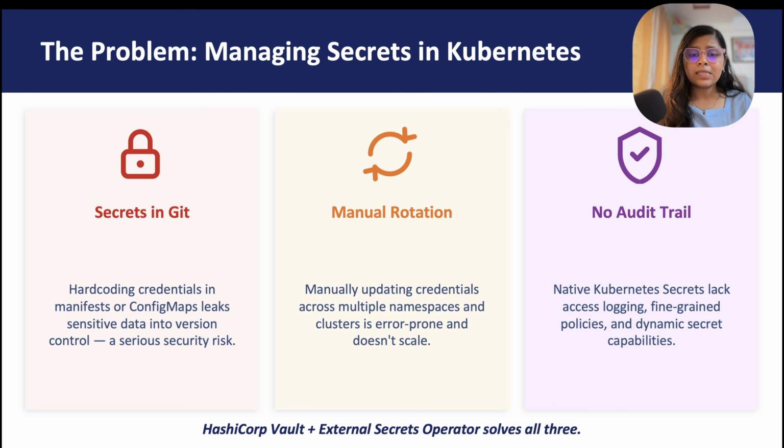The other one is manual rotation. You cannot manually update credentials into multiple services and namespaces that you have inside of your Kubernetes cluster. It's okay if you have got one or two such secret files and you just need to update them, right?